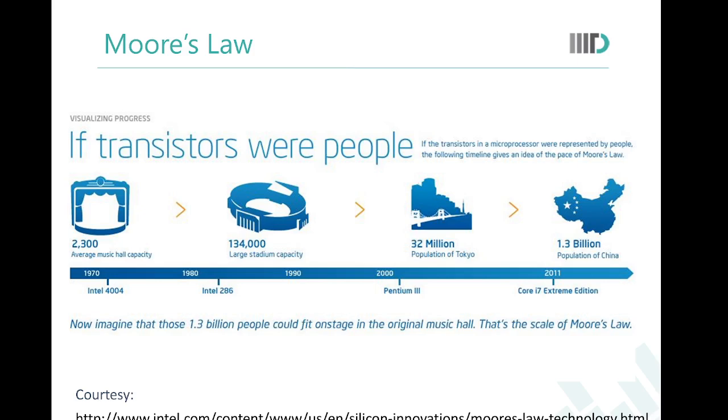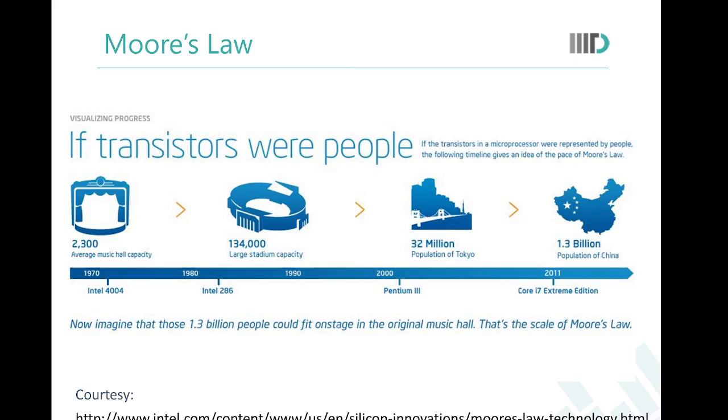Just to explain that visually, I am taking help of this illustration from Intel. Intel came up with their first processor, named Intel 4004, in the early 70s. The number of transistors in that processor was around 2300.